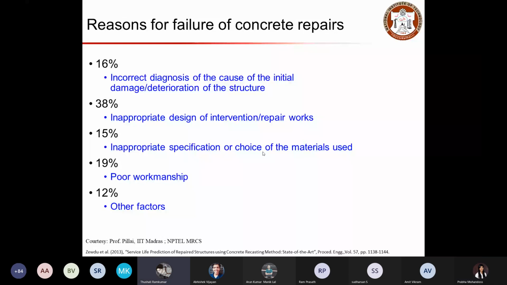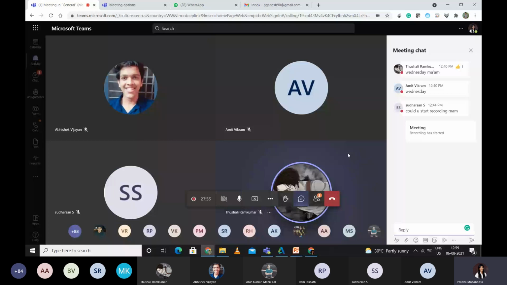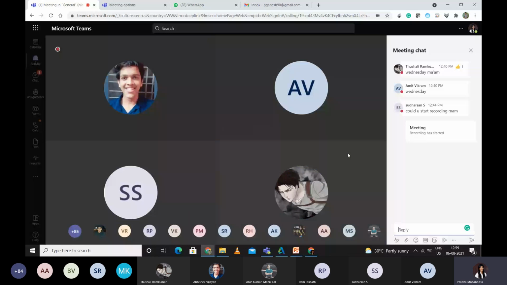Mainly cracking. Cracking, yeah. So what are the reasons for such cracking? What could be the reasons for such cracking? You can see minor cracks, and then structural cracks. Improper mix design, yeah.